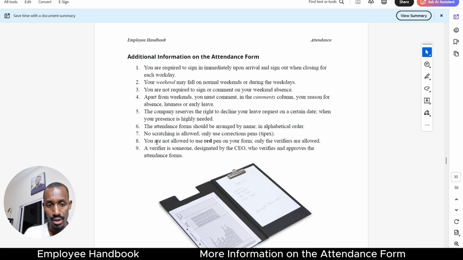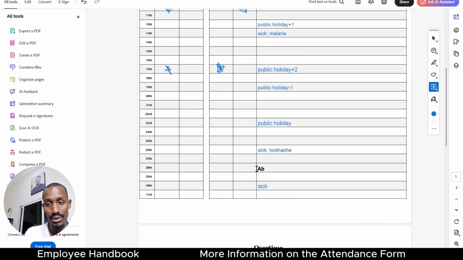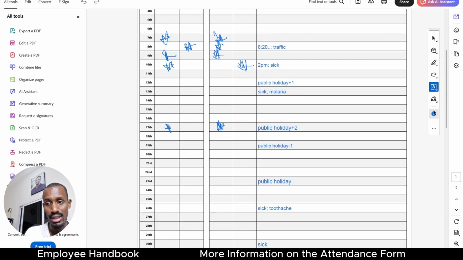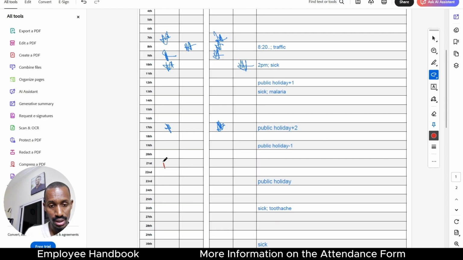Number 8, you are not allowed to use red pen as well. Only the admin, only the verifiers, are allowed to use red pen in the attendance form. Never use red pen to sign in or to write in the comment section.